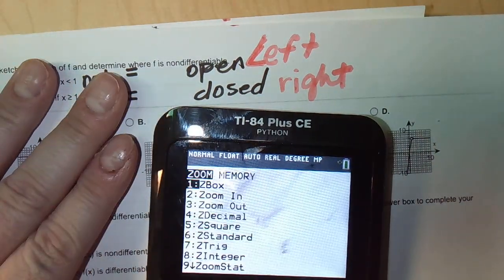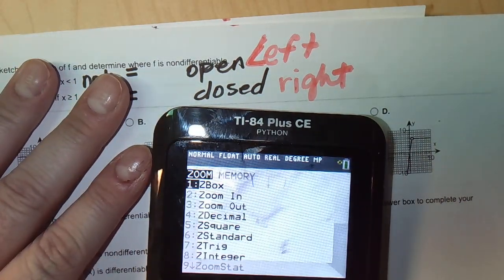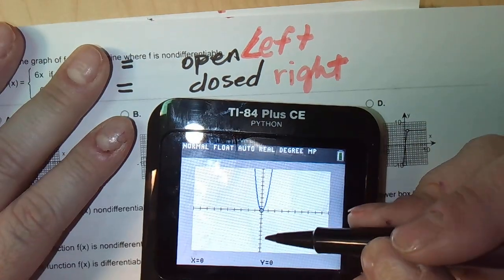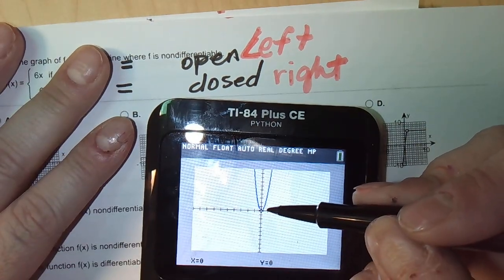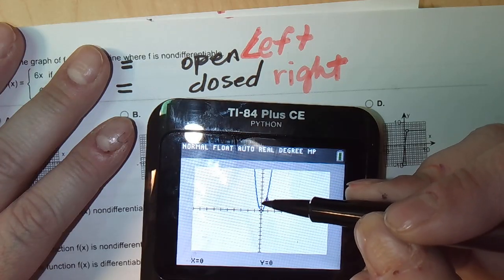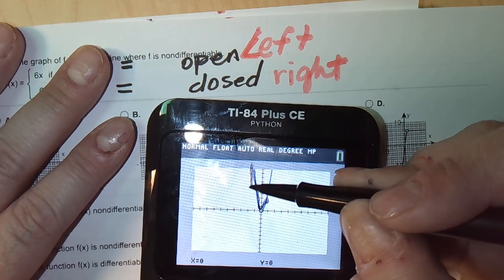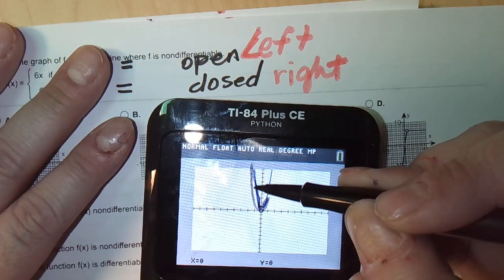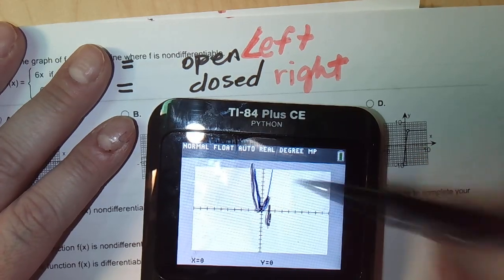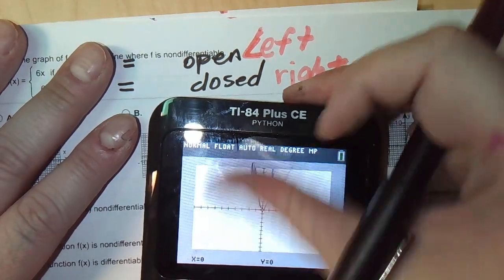Okay, let me zoom out and show you again what I mean. So here's 1 right here. So that means I'm going to draw the part of the curve all the way from the left to that x value of 1. Okay. So let's draw.